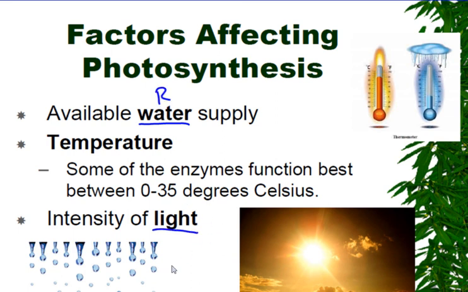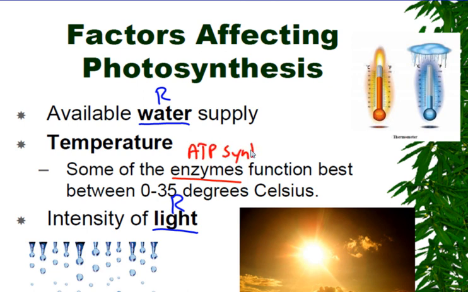Light. If you don't have a lot of light, you can't photosynthesize. We see this with our deciduous trees in wintertime. They lose their leaves because it isn't conducive to maintain them during poor conditions. And then finally, temperature. We do have an enzyme, that enzyme being ATP synthase.